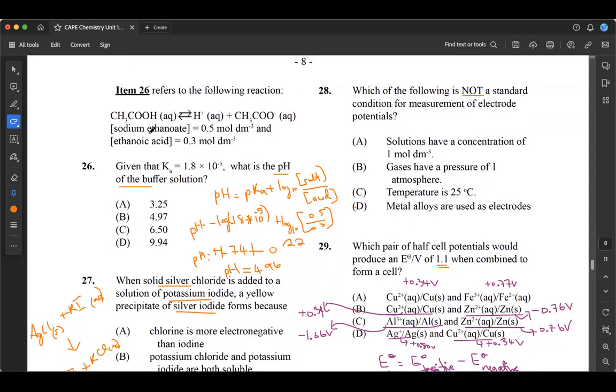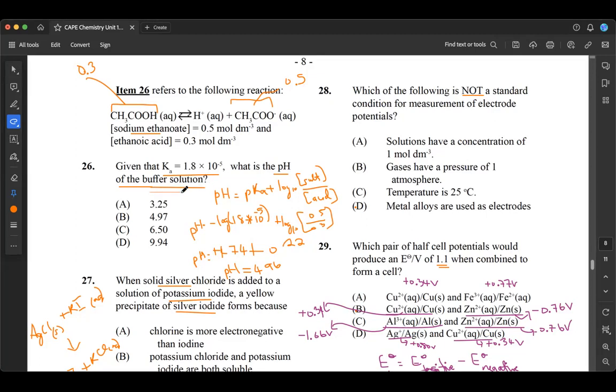They're telling us that the concentration of sodium ethanoate, this one here, would be 0.5, and this species here, which is our ethanoic acid, would be 0.3 mole per dm cubed. That's the concentration of it. And now they're saying, given that the Ka of the ethanoic acid is 1.8 times 10 to the negative 5, because it is a weak acid, what is the pH of the buffer solution, right?